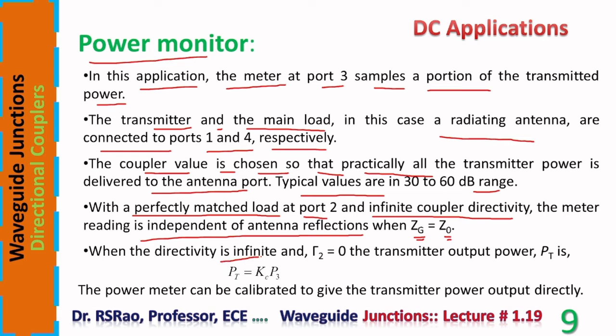When the directivity is infinity and gamma 2 is 0, where gamma 2 is the reflection quotient at port 2, the transmitter output power Pt is given by this formula: Pt is equal to Kc P3. Here Kc is the coupling, P3 is the power at the coupled port, and Pt is the power fed to the antenna. The power meter can be calibrated to give the transmitter power output directly.